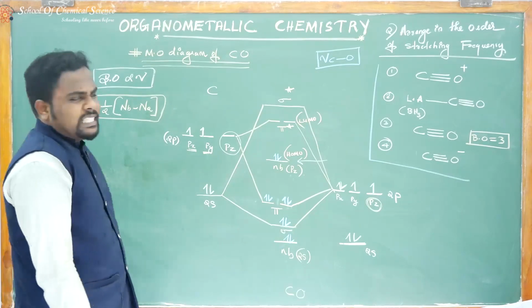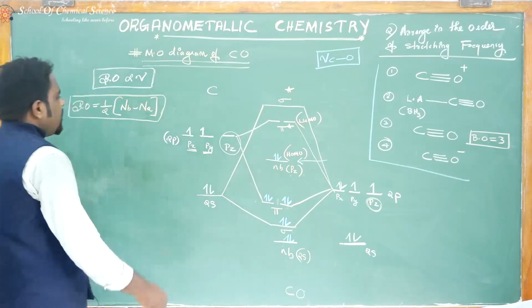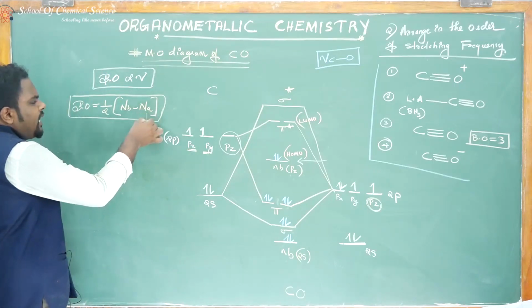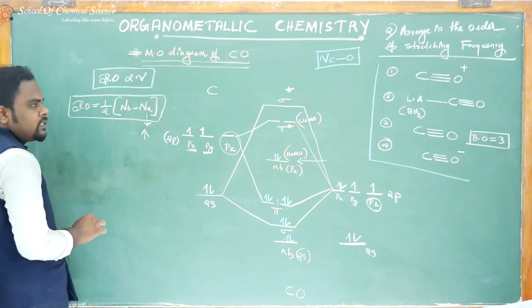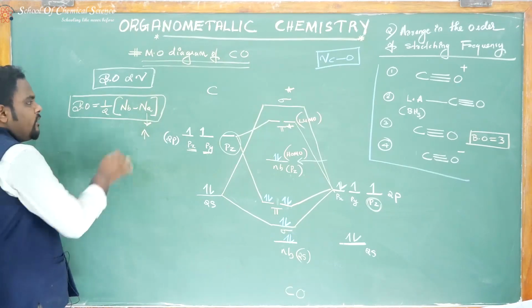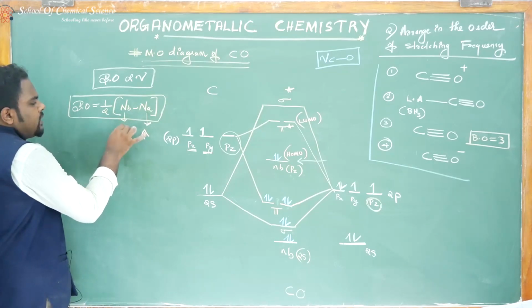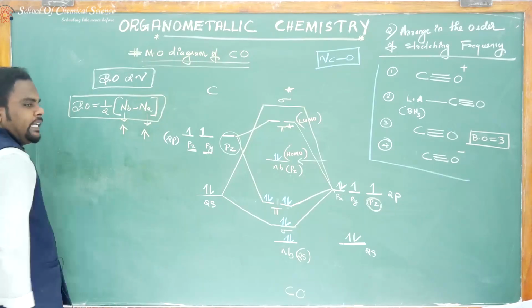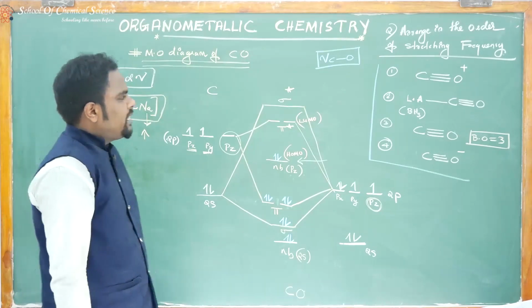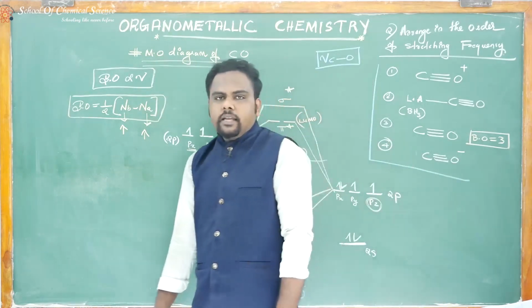Clear? Please listen. When number of anti-bonding electrons increases, bond order decreases. When number of bonding electrons increases, bond order increases. That concept you know. The bond order of C triple bond O is 3.